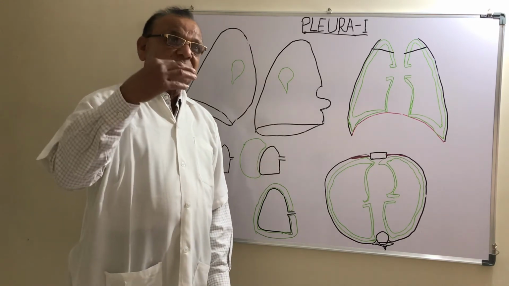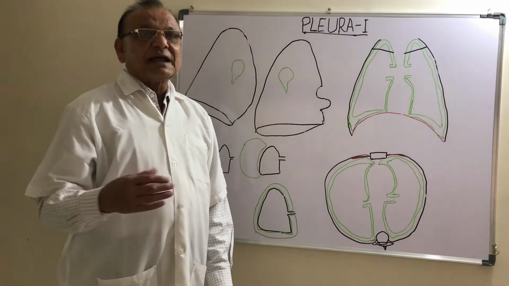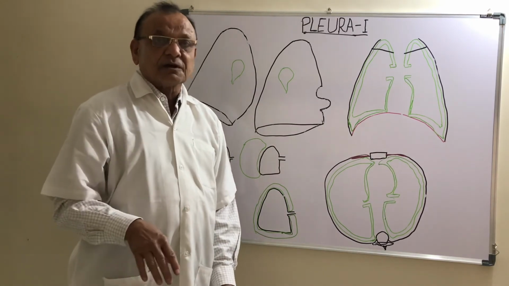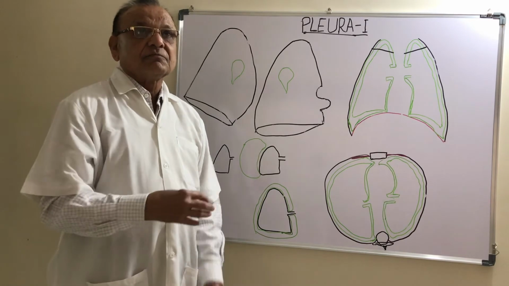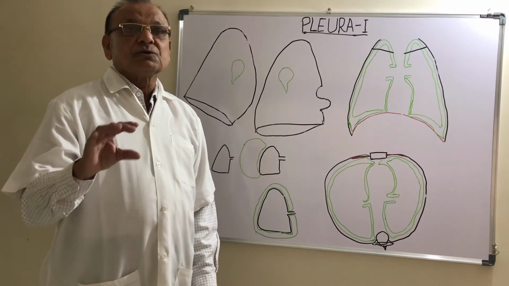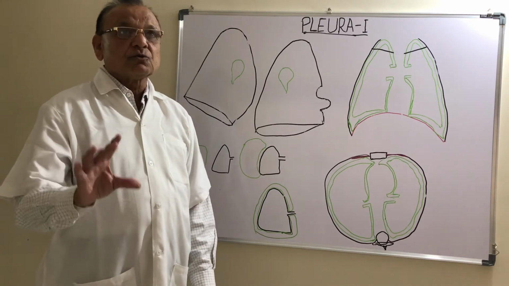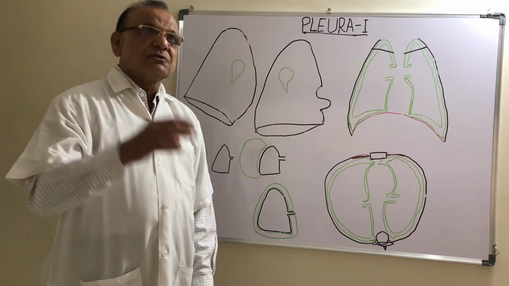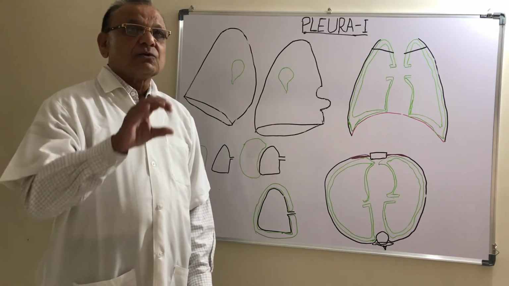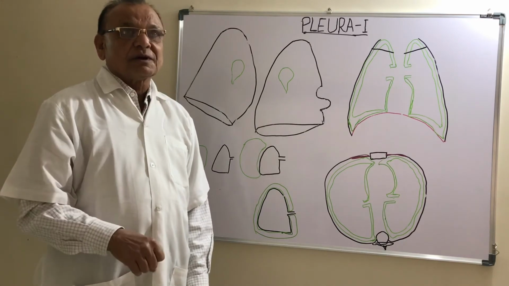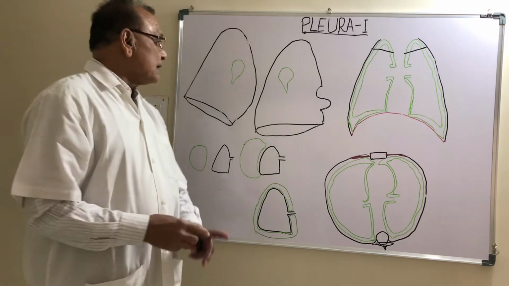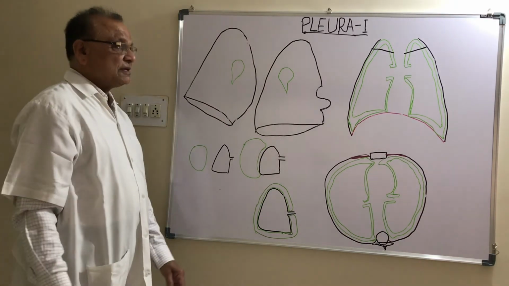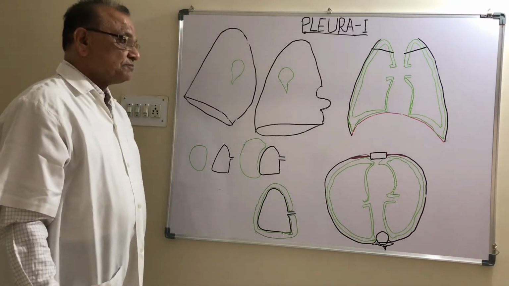These structures which enter or leave the lung through the hilum are together known as the root of the lung. So what is the root of the lung? Structures which enter or leave the lung through the hilum are together known as the root of the lung. And below the root of the lung is the pulmonary ligament.